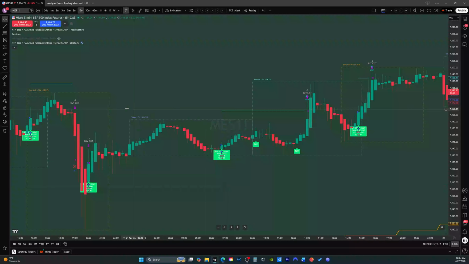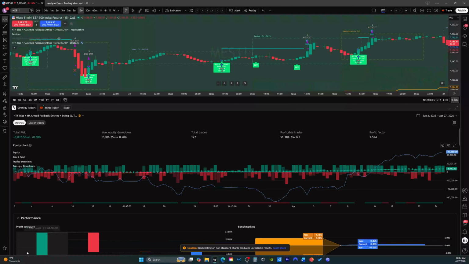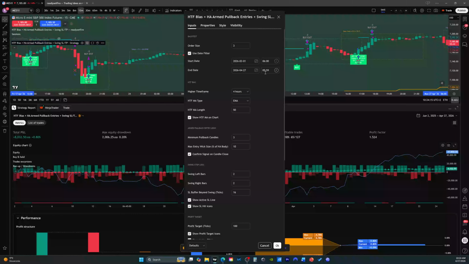Right now, if I click on here, it says it's running from, what is this? Let me click settings. From March 1st to April 26th.